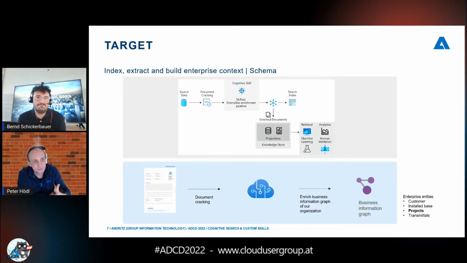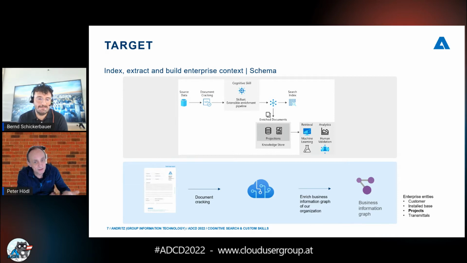So this is the big difference, that we are building up a training set which is really specific for Andritz. And this is where the additional information comes out, because Microsoft does not know anything about the type of documents that Andritz is using. So they can crack it, they can interpret it, they can extract some basic information. That's quite fine, but it's not very useful for the end user.